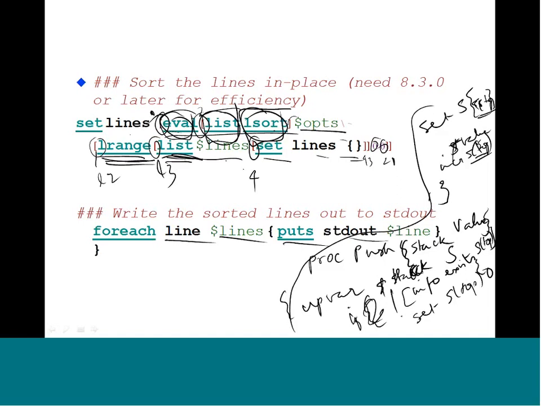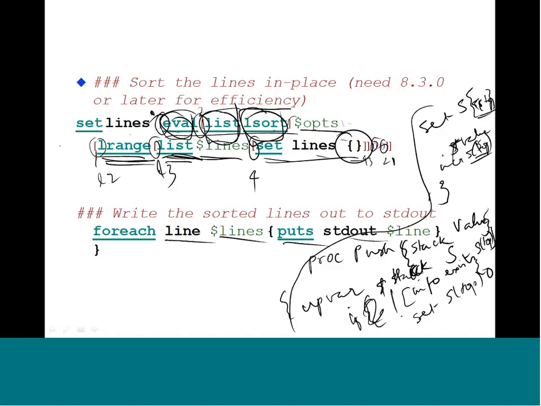Here we convert the lines into the list, and then the initial lines is set to nothing, null.